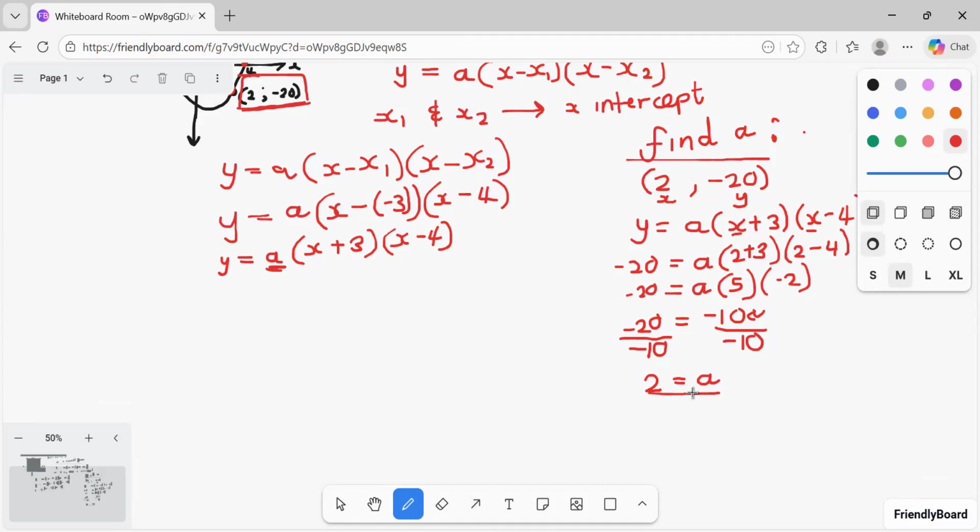Now that I have my a, I'm going to substitute my a again into this equation. So y is equal to, where there is a, I'm now going to put this 2. So here it's going to be 2, then open bracket, x plus 3, then x minus 4.